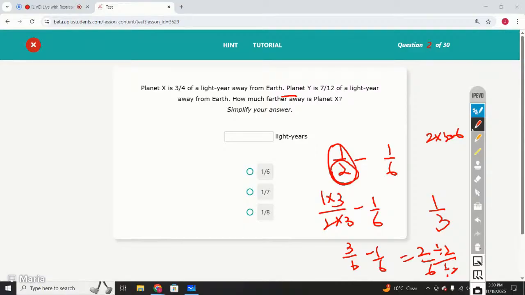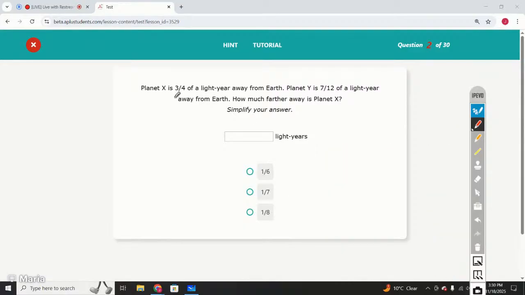That is 3 by 4 minus 7 over 12. So the first thing we need to do is make their denominators the same.